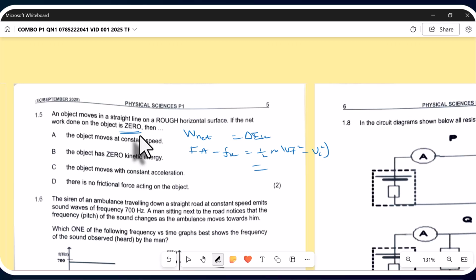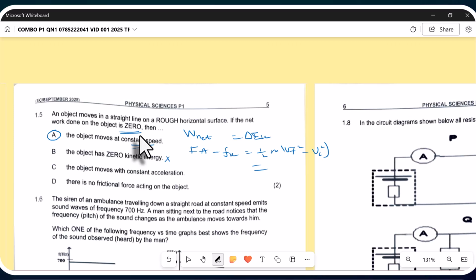Now, the answer is A. We can say it is 0 kinetic energy because it is moving. That's not correct. And then moving with a constant acceleration is not correct because we have 0 work done, and this one is not accelerating to get 0. And no friction is not correct because the surface is rough. So the answer is A. Hope we are together, guys.